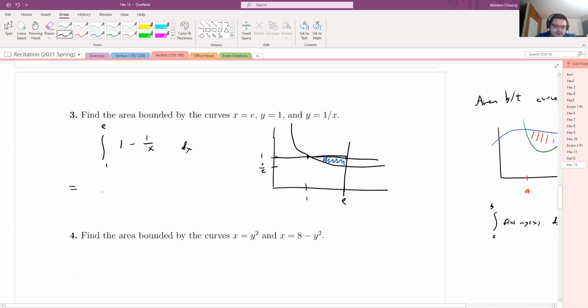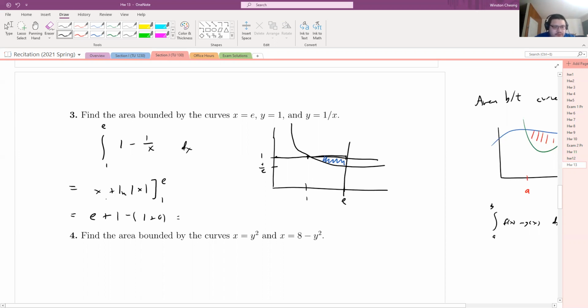So you just have to compute this integral, and that's pretty easy to do. So ln absolute value of x. The absolute value in this case goes away because these values that we're looking at are both positive. All right, so e plus 1 minus 1 plus 0.